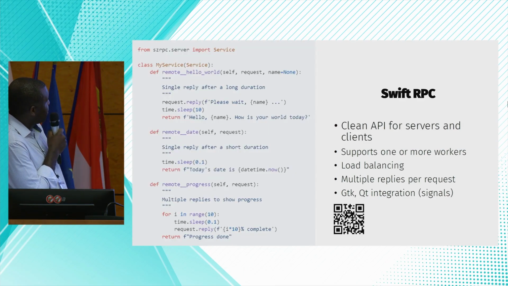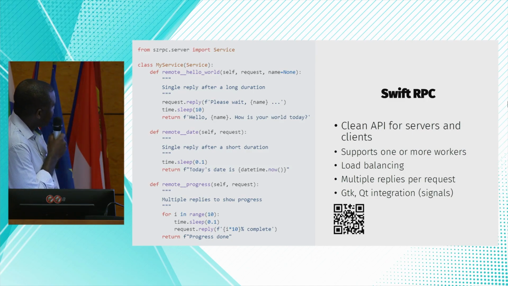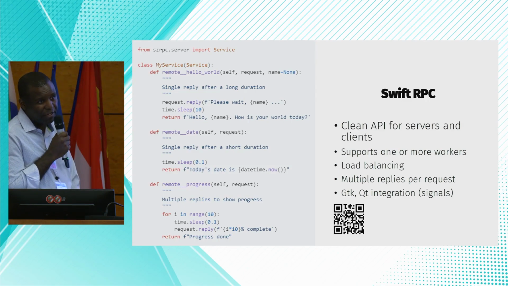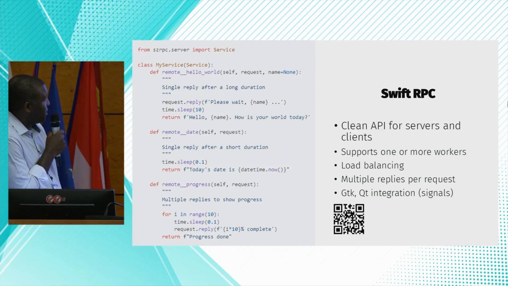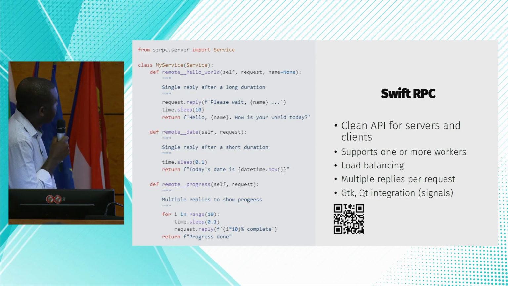Here's an example of a server written using Swift RPC. You just import the service, and then you define a subclass with methods prefixed with the remote keyword, and that's all you need to define a Swift RPC server. You can do whatever you want within the methods.